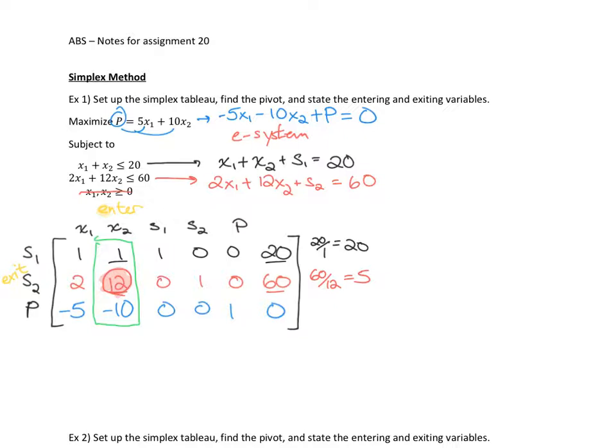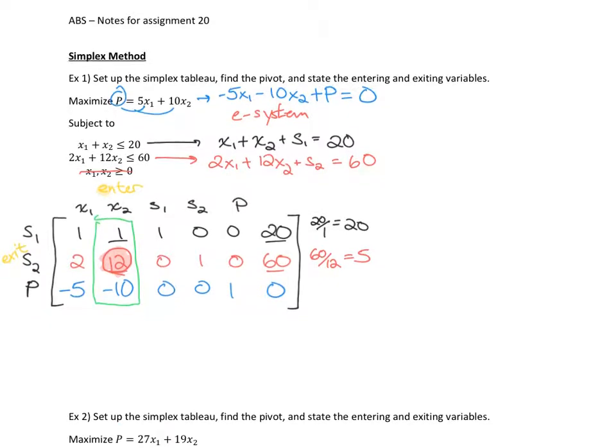Essentially, we would be making this column look like this column. We want a 1 here and zeros above and below this. So we would have to use some row operations to make that happen, but for the time being, that's where we're going to leave this. This actual simplification will come in the next video.